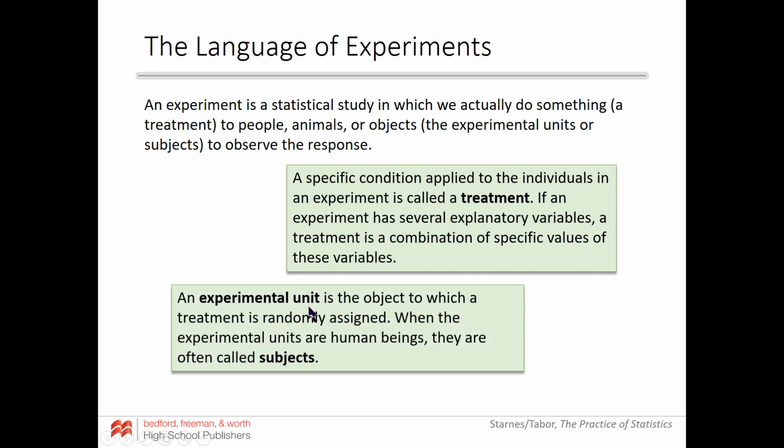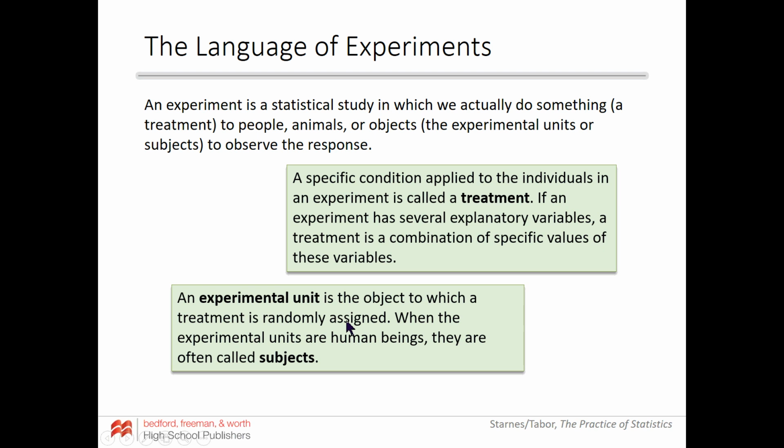An experimental unit is the object to which a treatment is randomly assigned. When the experimental units are humans, they're called subjects. So those people that were in the vaccine trials were called subjects because they received that COVID vaccine or the placebo.